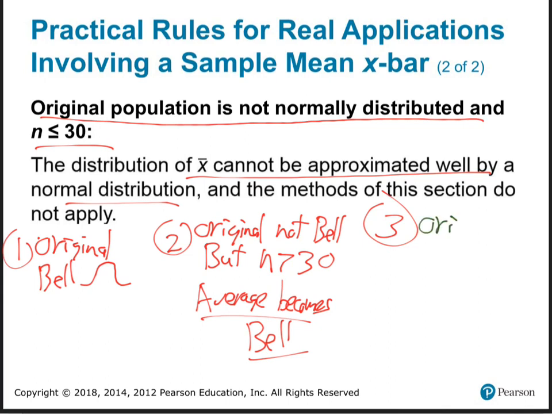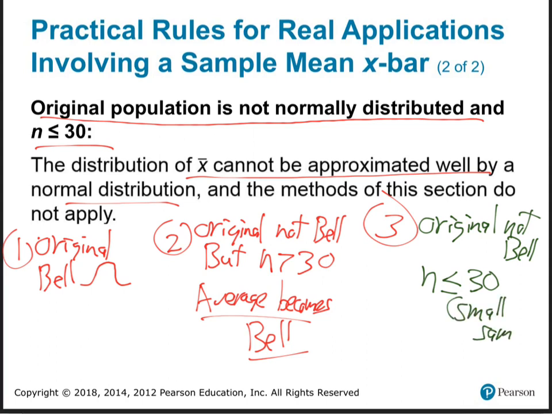The original is not a bell, and we're using less than or equal to 30. They call that a small sample. If you're doing 30 or less, they call that a small sample, then it's just not a bell. You just cannot do that. You cannot assume normal distribution, bell shape. Normal distribution is the same as bell, right? Can't do that.